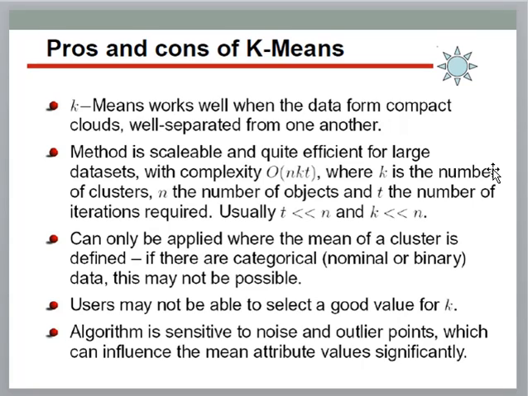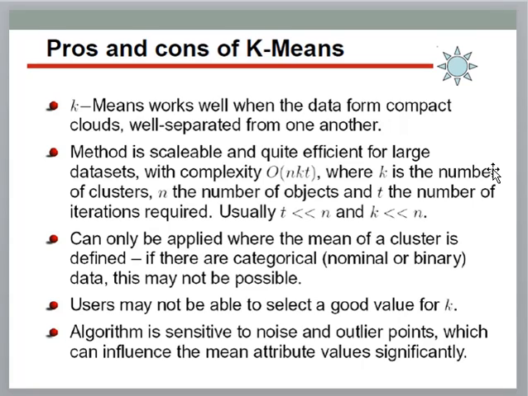The algorithm is sensitive to noise, because if you have some outliers in your data set or some noisy patterns available, then the performance of the algorithm can be affected, which can influence the mean attribute value significantly. The presence of outliers will have an impact on the calculation of the mean, because you are calculating the mean or average in order to update the cluster centroids.